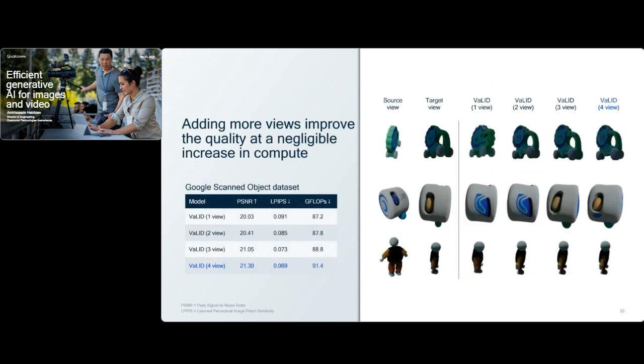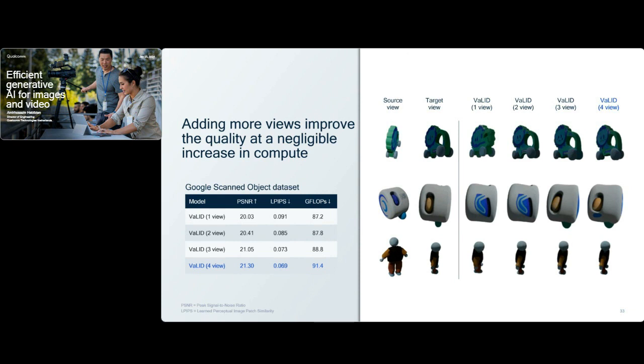Another analysis here is this green toy. The target view seems to be a toy lion, and when you use one view, some of the details of the face of this toy are missing. When you start using more and more views, those missing details are reconstructed better and sharper. The same goes for the second row.